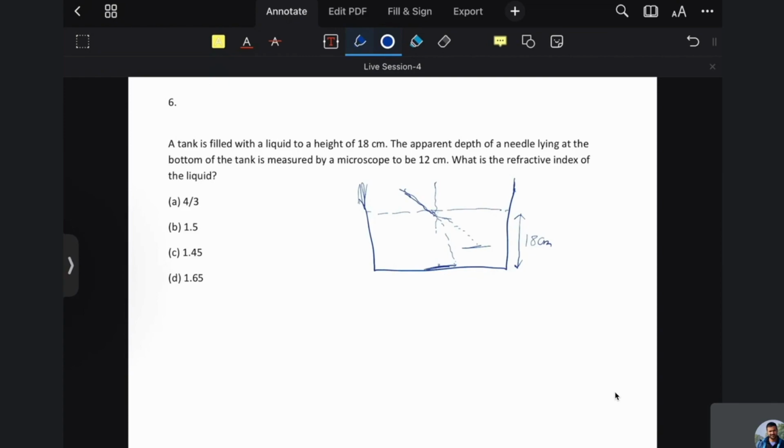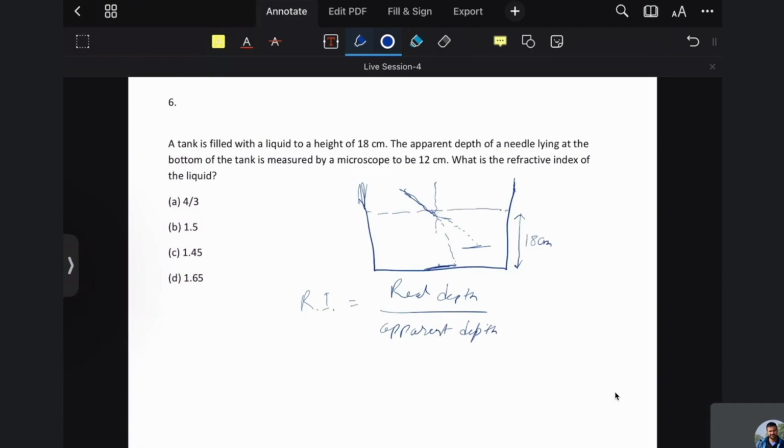So the refractive index is simply the ratio of the real depth and the apparent depth. I have a little bit of confusion. Okay, tell me. After completion of this question, I have some doubts, sir, about the rarer and denser medium. Sure.